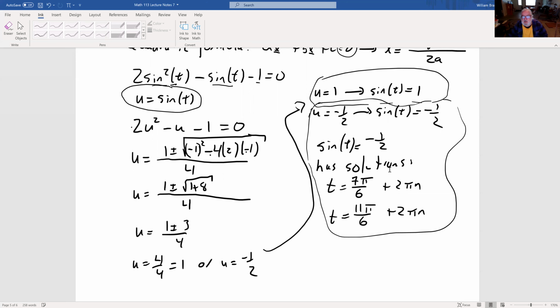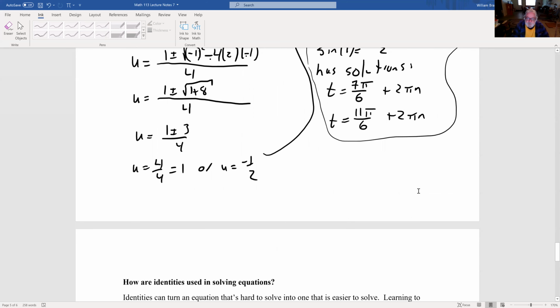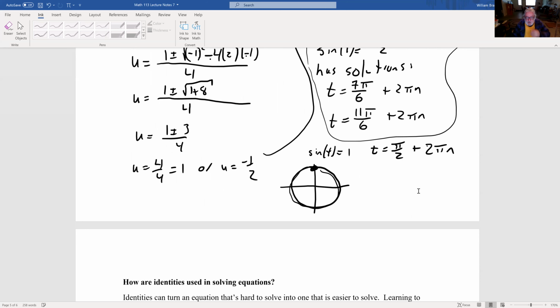But we have another set of solutions that comes from sine t equals 1. So how can I solve sine t equals 1? Well, draw a unit circle. Where is sine t equal to 1? That's up there. So t equals pi over 2. And of course, there are always infinitely many solutions because you can go around the circle as many times as you want, plus 2 pi n.